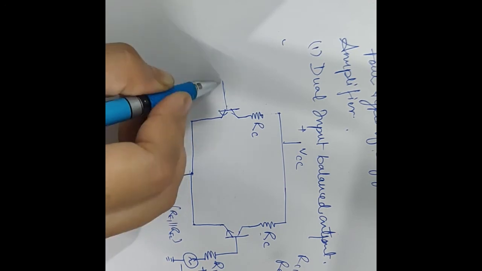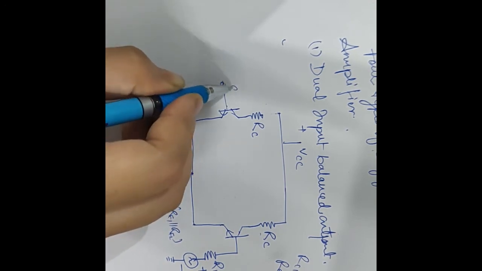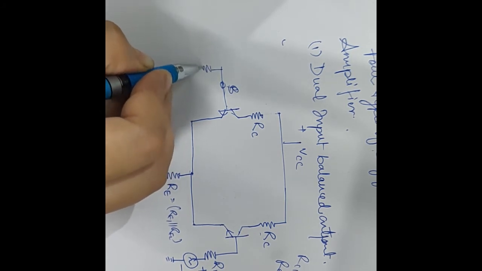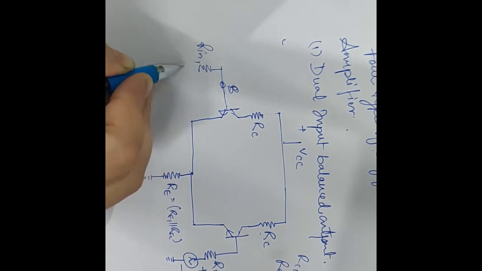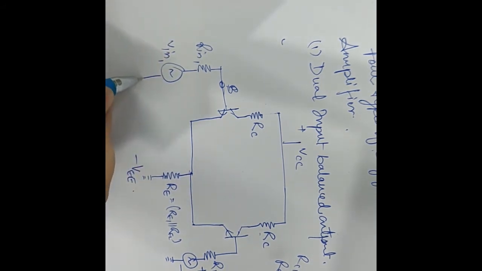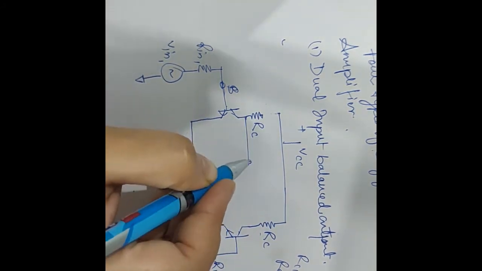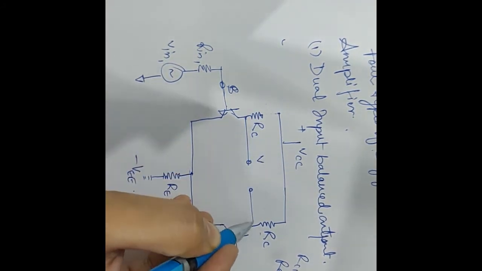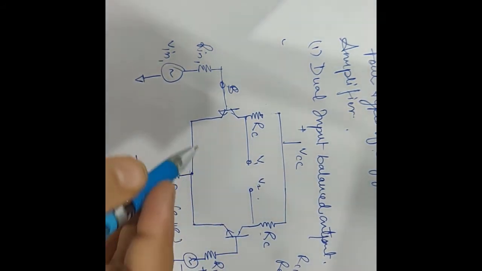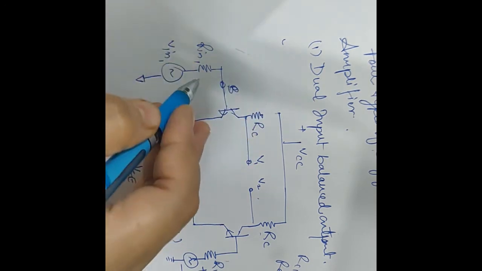Right? Now at this base side we have the internal resistance of power supply 1 and the power supply voltage Vin1. Now we are taking the output at these two sides, V1 and V2. So this circuit is termed dual input.